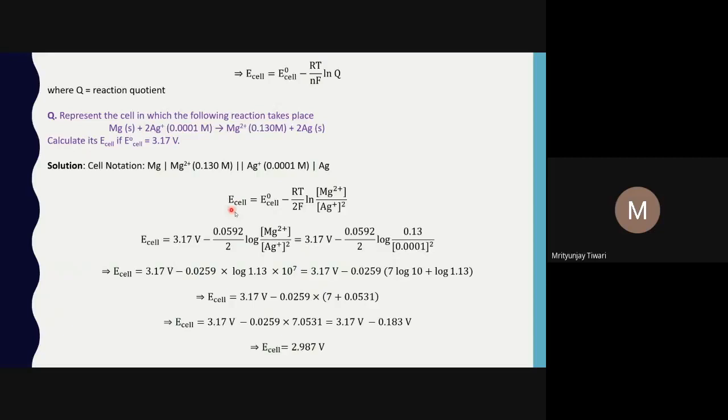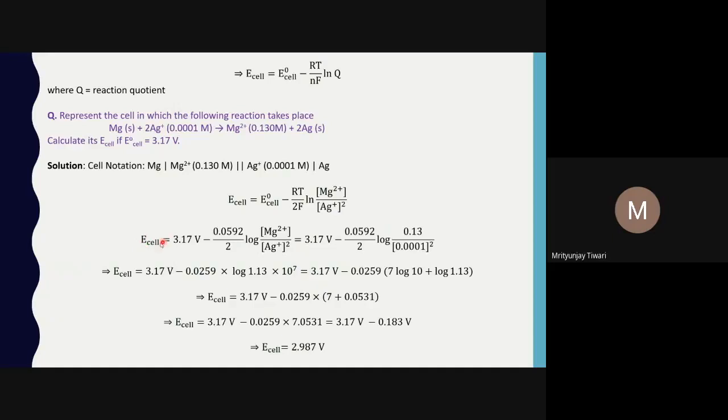And for this, we can write the Nernst equation: E cell is equal to E naught cell minus RT divided by nF, and we see the involvement of 2 electrons here, so the value of n will be 2, ln of product divided by reactant. The concentration of product is divided by the concentration of reactant to the power 2.